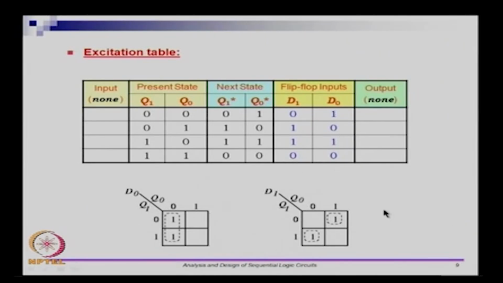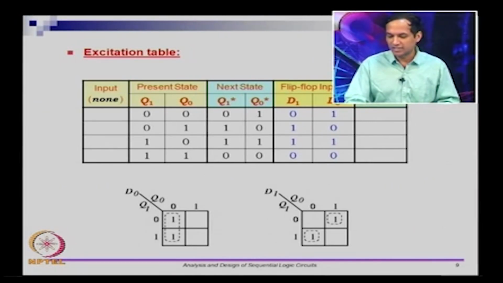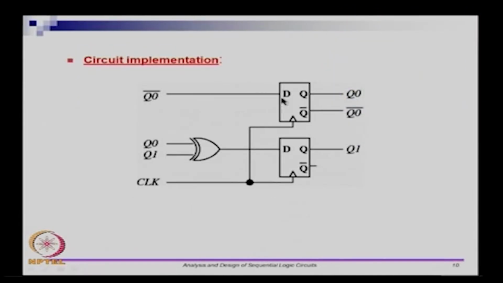Once you have these 2 vectors, we are ready to go and do a circuit. We know how to do combinational circuits, right? So I will put the circuit here. There are 2 flip flops, Q0 and Q1. The D0 of the Q0 flip flop should be Q0 complement, and the D1 of the Q1 flip flop should be Q0 XOR Q1.